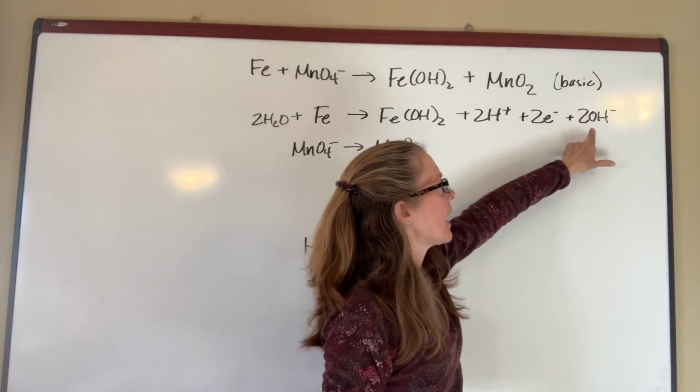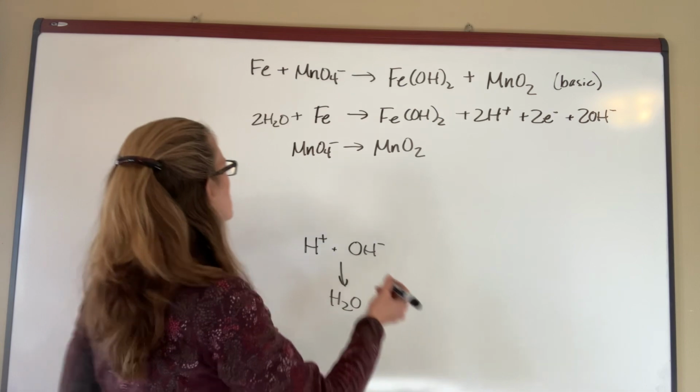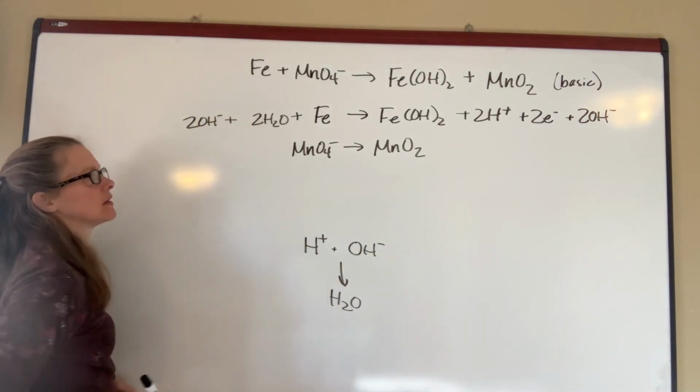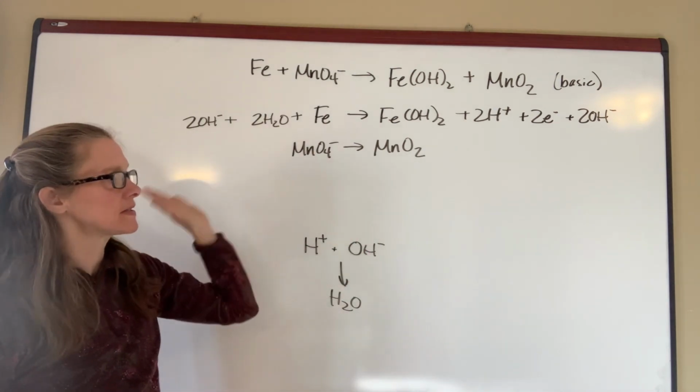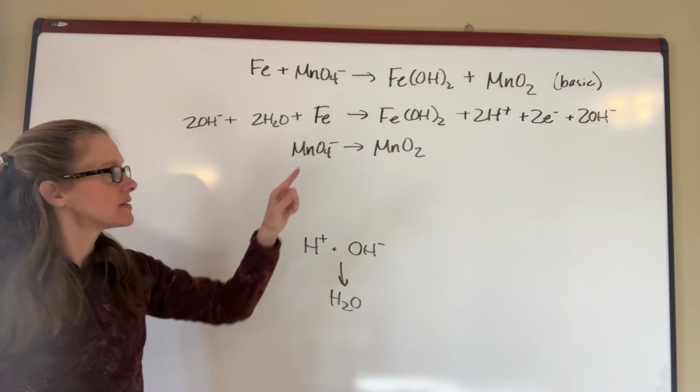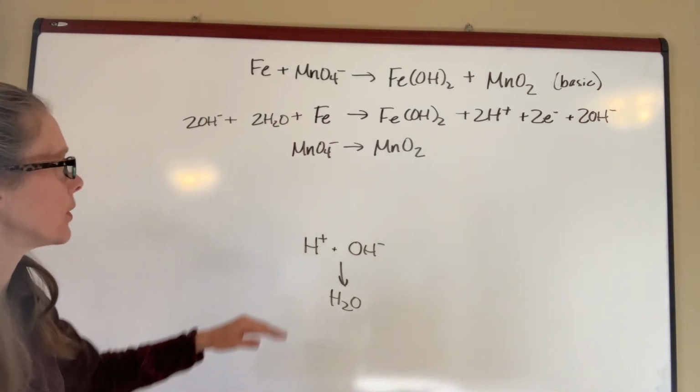But once I add hydroxide to this side of the equation, now I have to add hydroxides to this side of the equation as well, because otherwise I would have messed up both my charge and my number of atoms. Okay, so that's the first step there that's different.